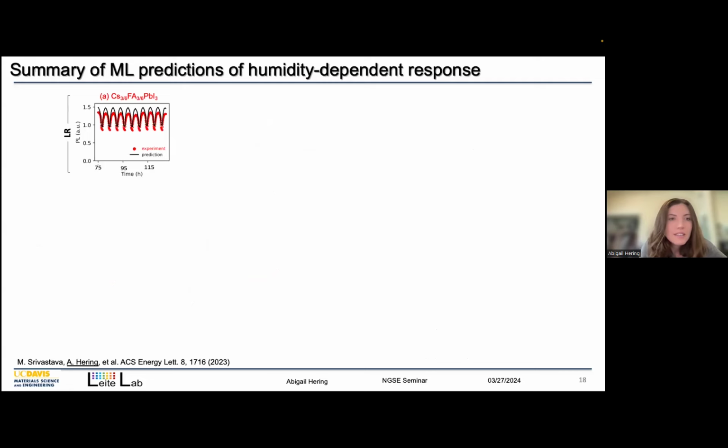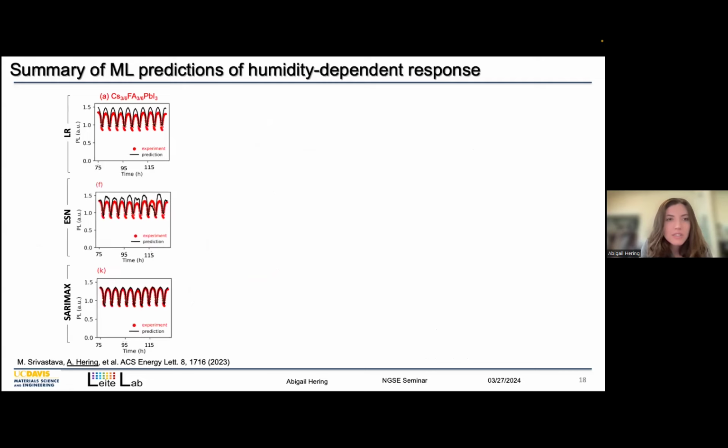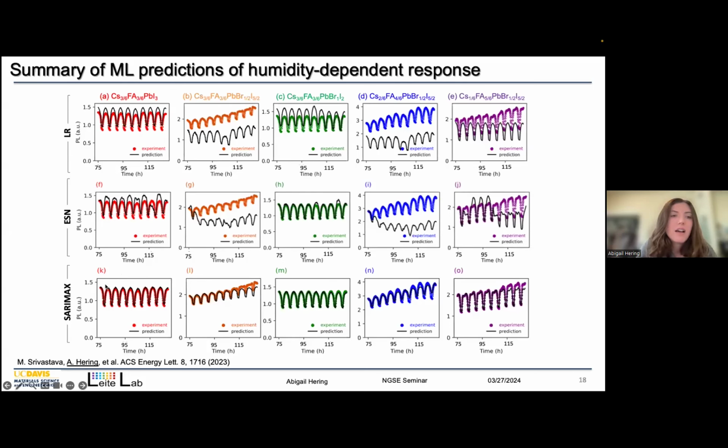So to summarize, all 5 of the samples and all 3 of the models, again, linear regression does an okay prediction for the first sample with the regular up and down behavior. The echo state network, again, can predict just the regular behavior, but the statistical forecasting can predict the irregular trends, despite each sample being so different.